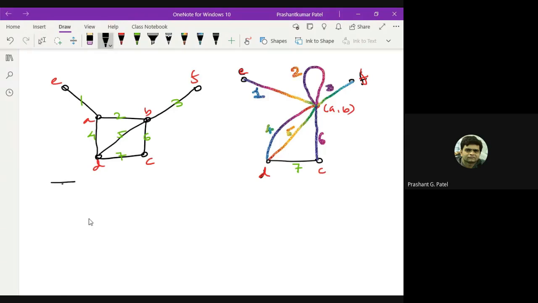Okay, now the next definition is enclosed subgraph.